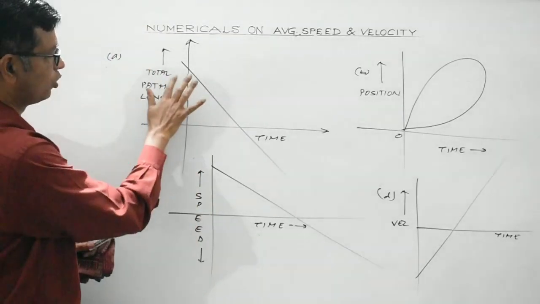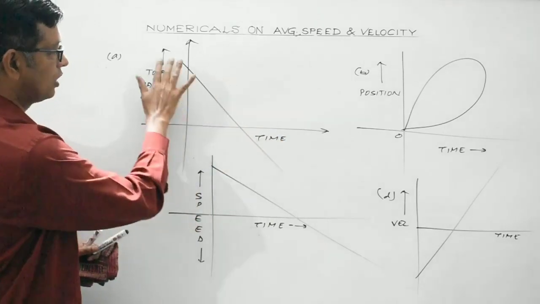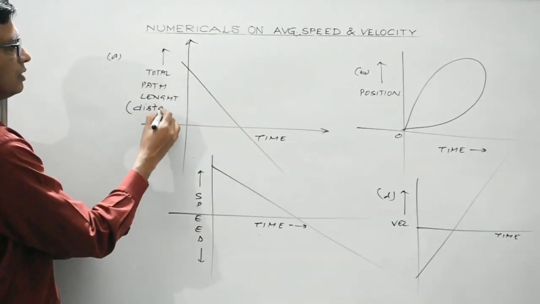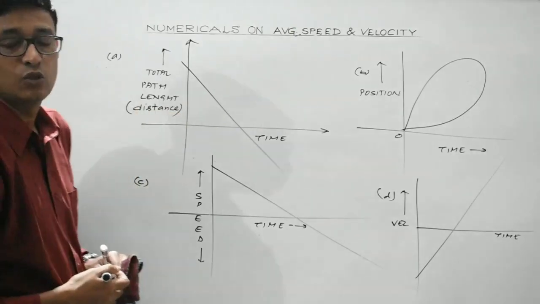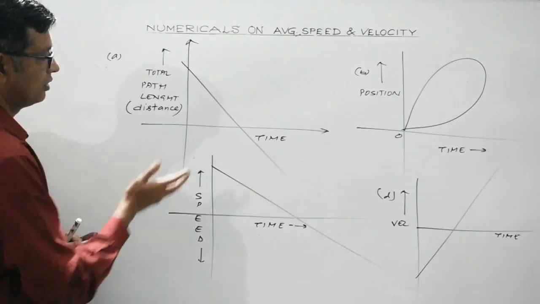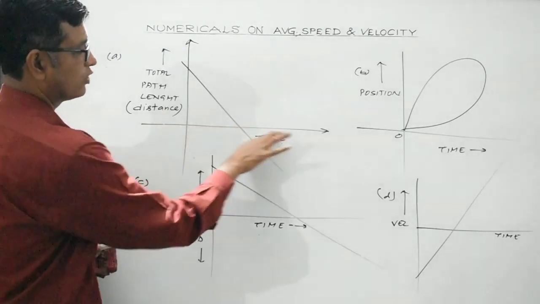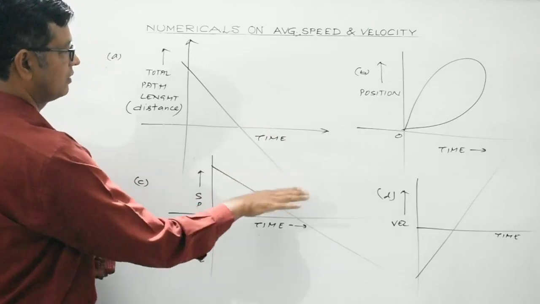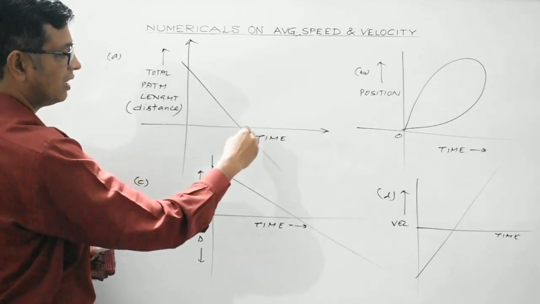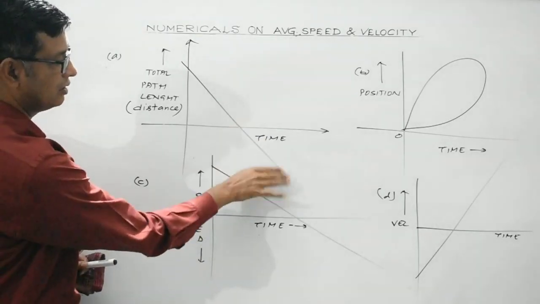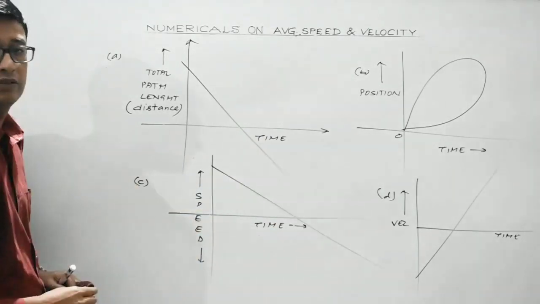The first graph is between total path length and time. Total path length is what? It gives the measure of distance covered by the body. Now look, in this quadrant, with the passage of time, this is okay. But in this case, the path length is decreasing and then it becomes negative. After here, the path length becomes negative.